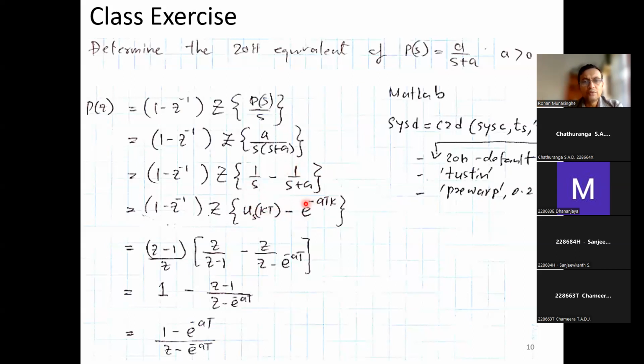Now here both of these functions are time functions, and they are discrete time now. Follow this procedure.